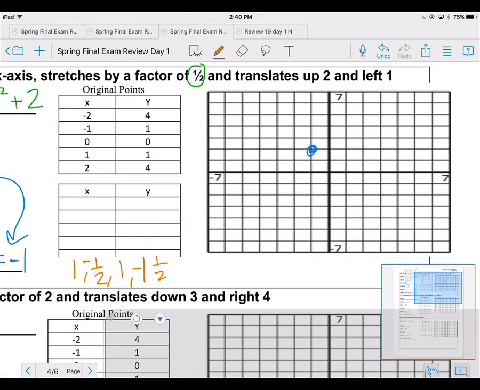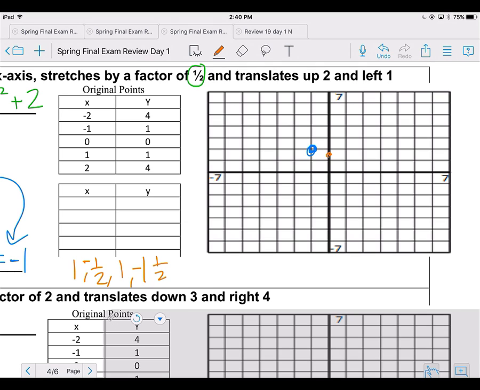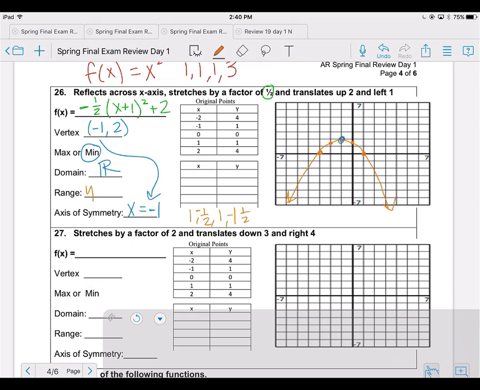So I go right 1, down 1/2, right 1, down 1.5, left 1, down 1/2, left 1, down 1.5. From here, I can see my range and 2 are related. This one is going down, so it will be less than 2.